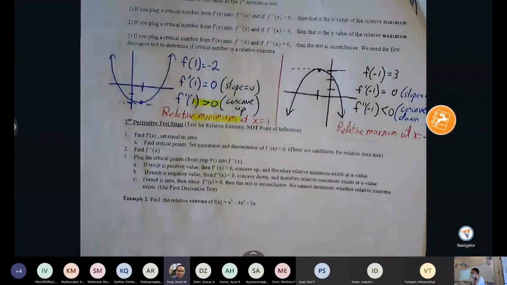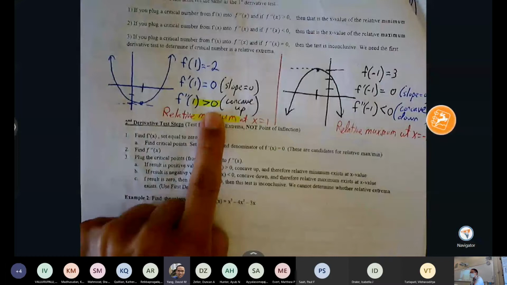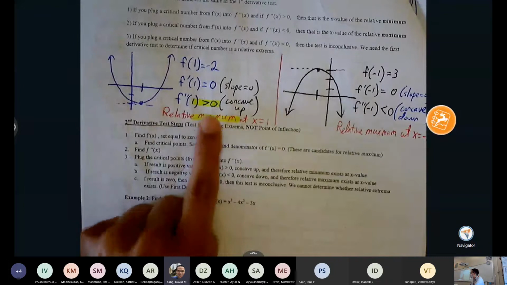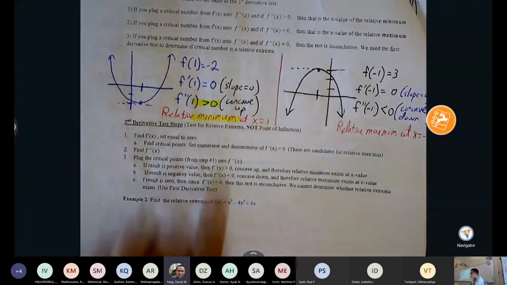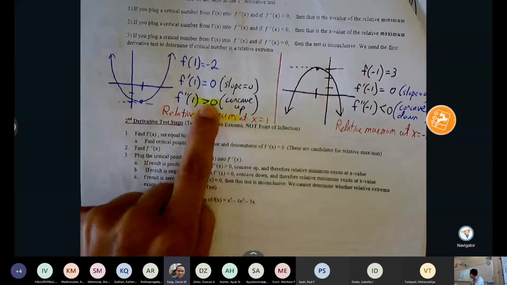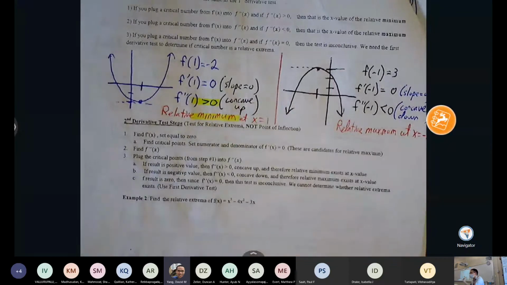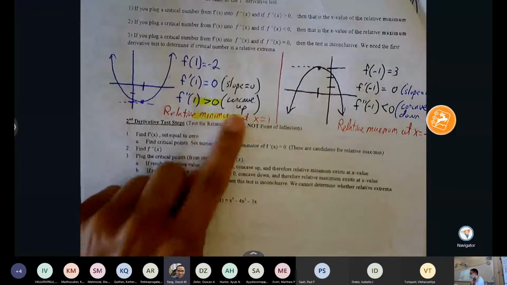Because if you're just staring at a positive value, I think it's easy to connect positive with maximum and negative with minimum, right? It just feels more natural. But in this case, positive is going to be minimum, right? And I think that's a hard jump to make unless you do some additional steps.